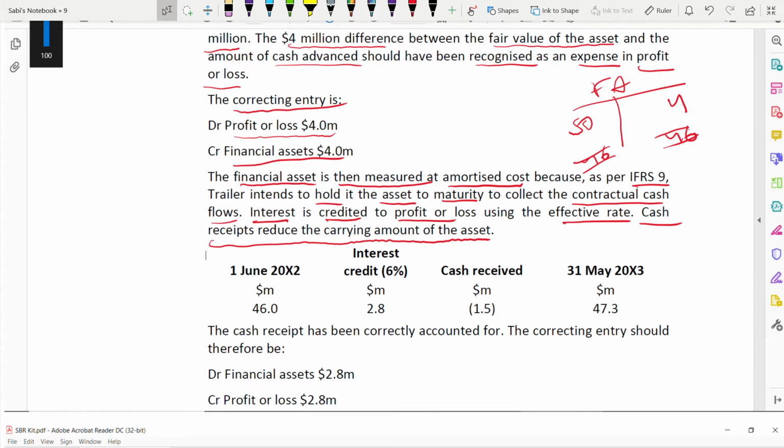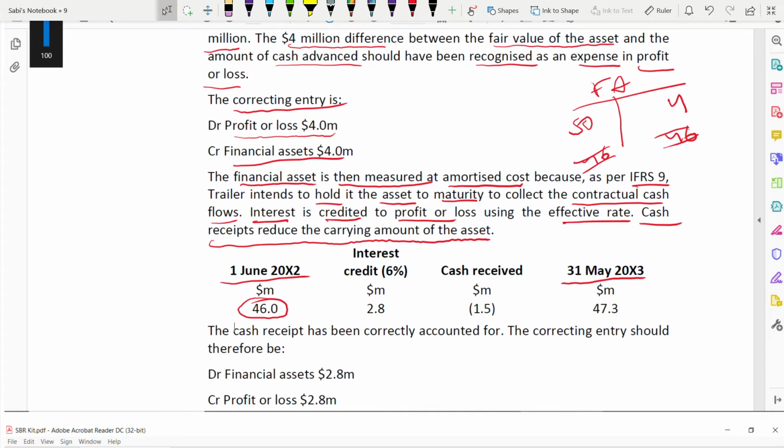You need to find the carrying amount, because the requirement asked you, at 31st May 2003, what is the amount of the loan to the charity? But you took the loan on 1st of June 2002. So what did we do all this while when we found the fair value of the loan? We found the fair value of 46. Look at this 46 we calculated previously, sometime back only, fair value. But that value was for 1st June 2002.